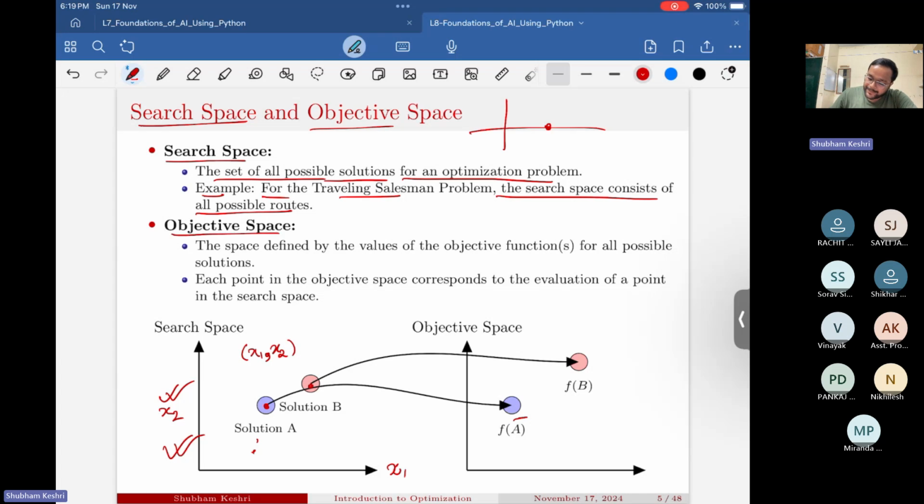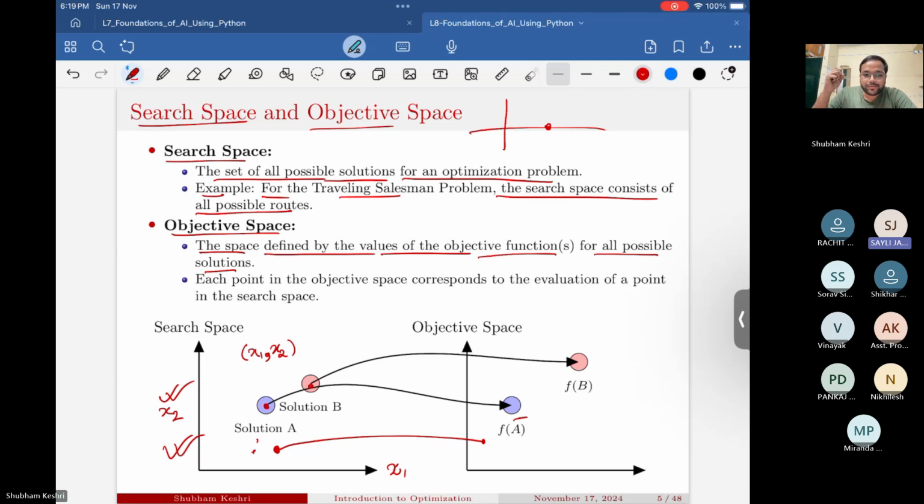What is an objective space? A space defined by the values of the objective function for all possible solutions. So if you have a solution in the search space, it should have an objective function value in the objective space also. If I read the objective space definition, it is never said that each point in the objective space is defined by only one solution.